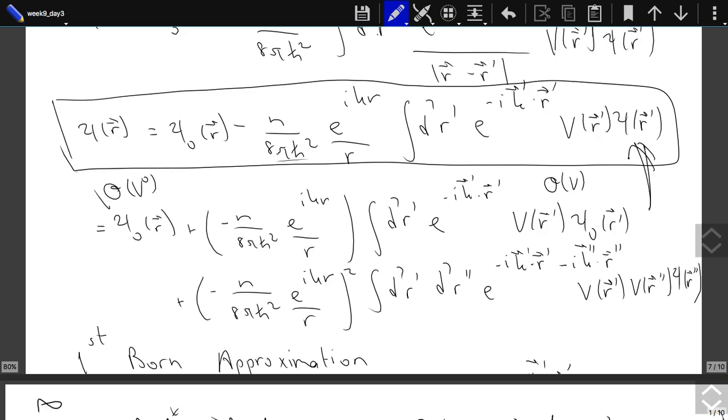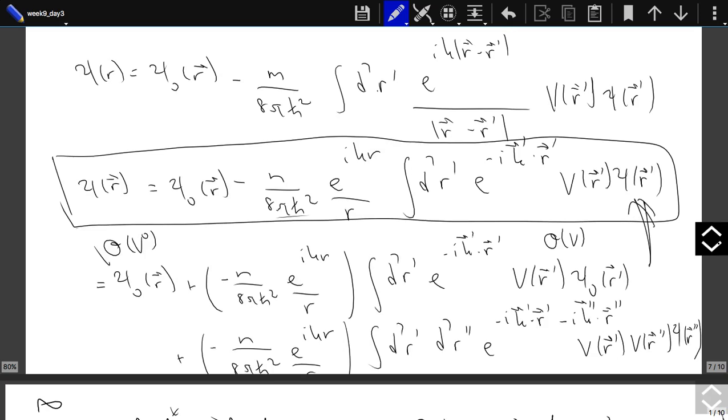But this integration depends on r prime. I'm not sure whether we did it correctly. Let's see. Right, we didn't do it properly. In fact, what we had to do is just go back to this expression over here.